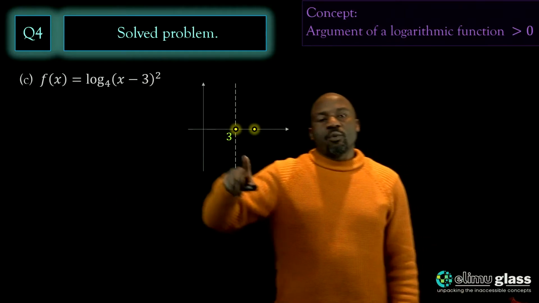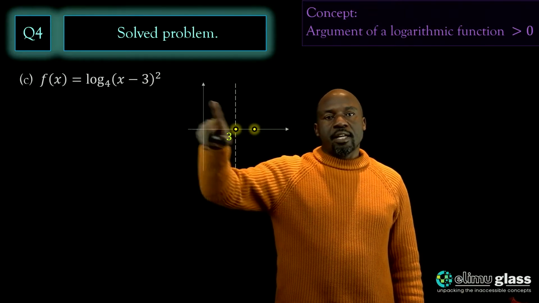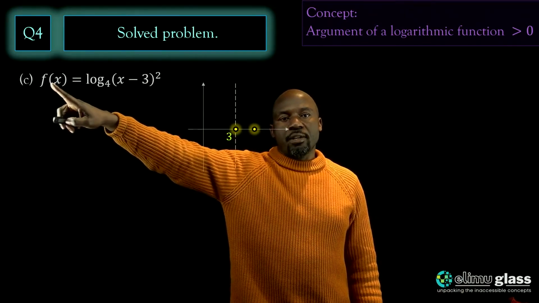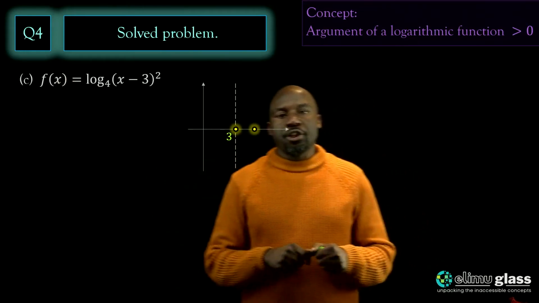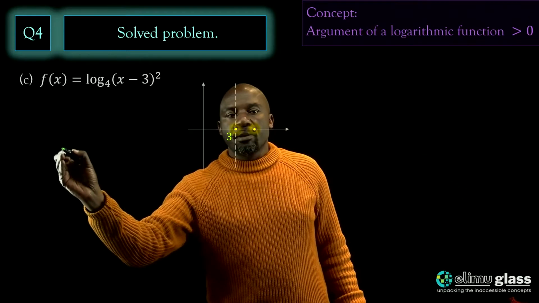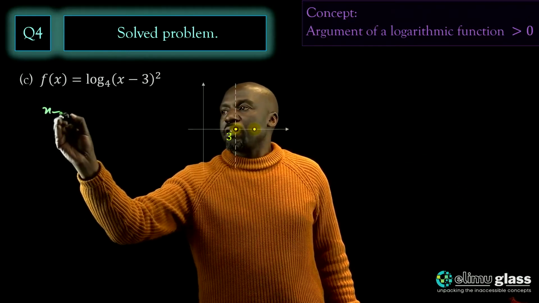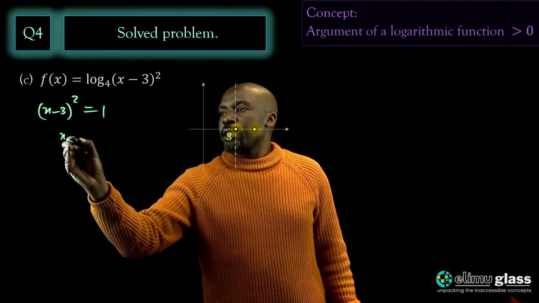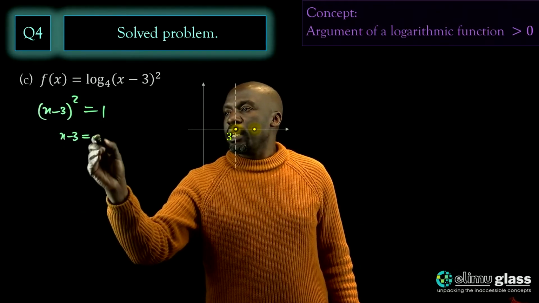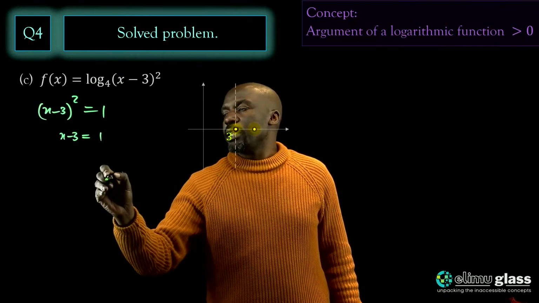And we can find where the graph crosses the x-axis. At that point, y equals 0. So 4 power 0 is 1. So we are solving the equation x minus 3 squared is 1. X minus 3 is the square root of 1.